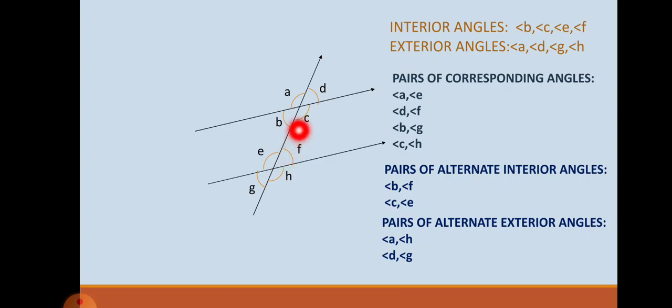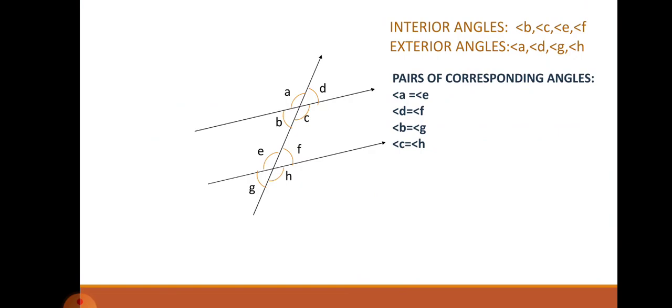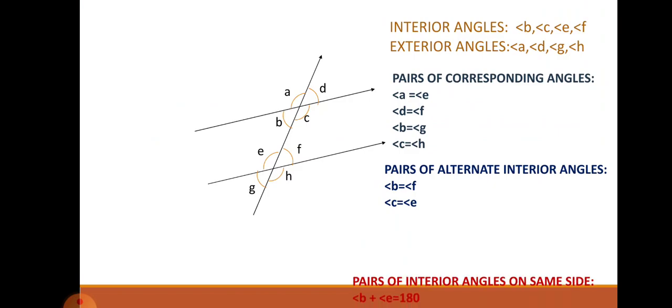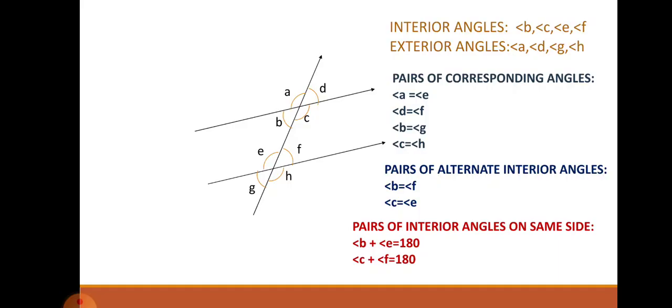That is the property regarding interior angles on the same side. So pairs of corresponding angles must be equal, pairs of alternate interior angles must be equal, and pairs of interior angles on the same side must sum to 180 degrees. Those are the properties and the different angles in the transversal.